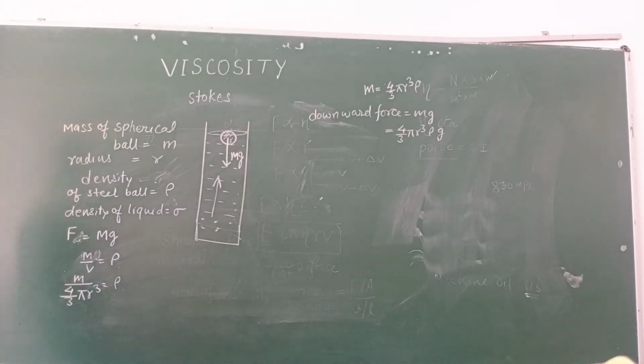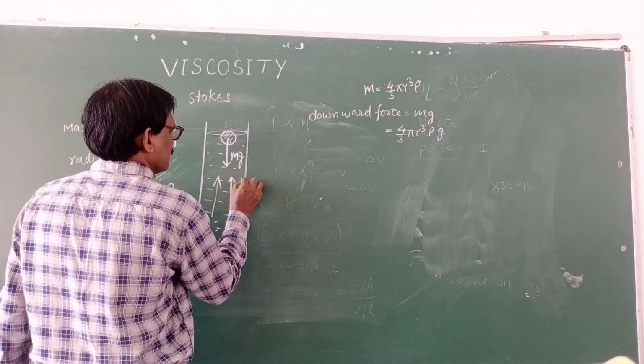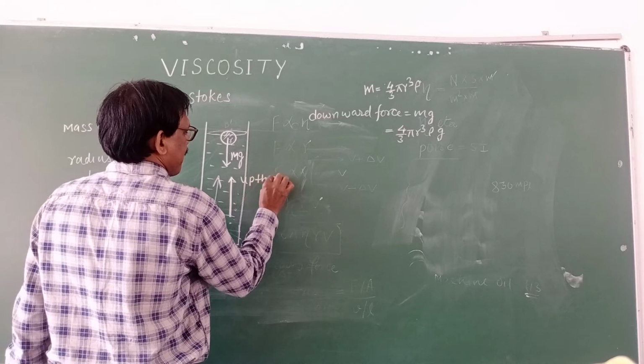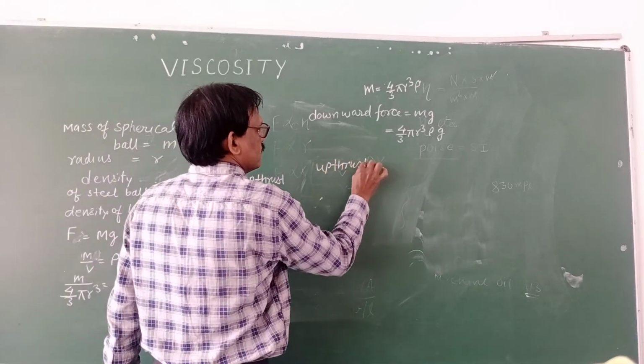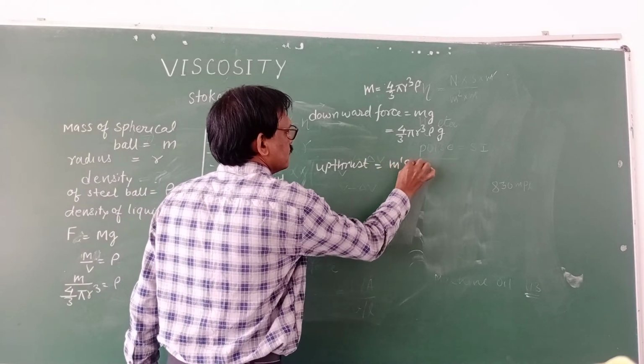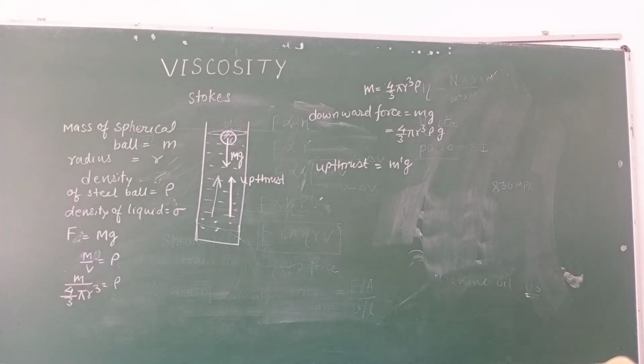Now when the ball is falling, the liquid will exert an upthrust force. The liquid in which the ball is falling will exert the upthrust, and it will act in the upward direction. The upthrust will be m dash g. Who will exert the upthrust?